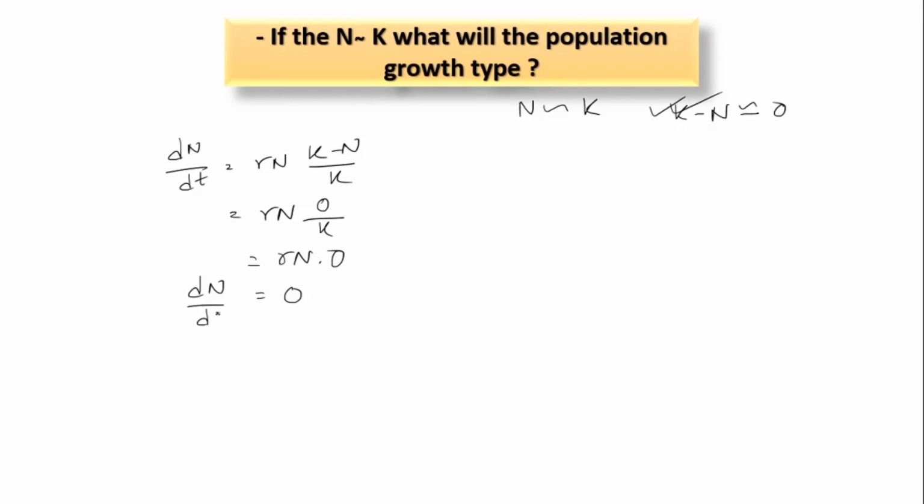That means the change of the population over time would be 0. The population shows neither an increase nor a decrease, that means it shows a stabilized kind of growth pattern.